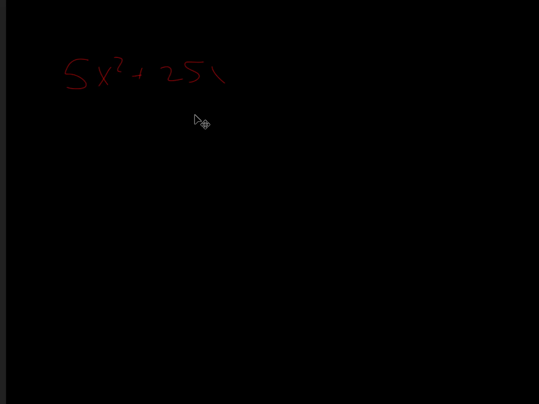No, that's not how it goes. 5y squared plus 25x plus 35y minus 100. Let's say plus 100. Okay, so we have a circle that's given in that form.